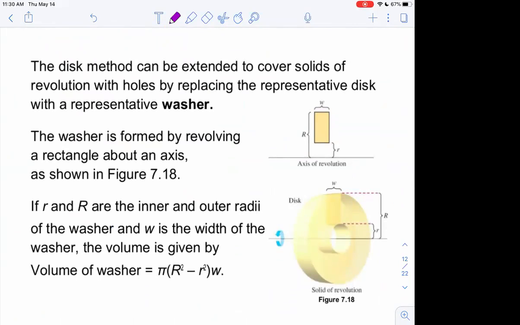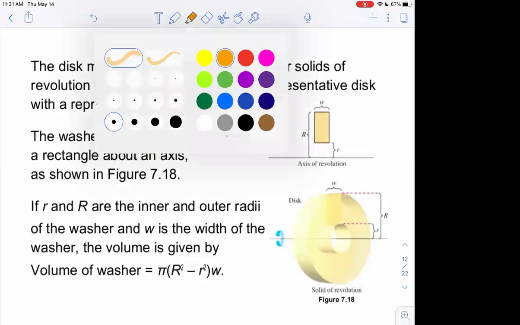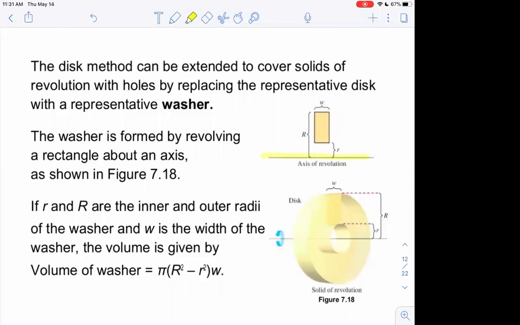So this disk method can be extended to cover solids of revolution with holes by replacing the representative disk with a representative washer. The washer is formed by revolving a rectangle about an axis. And so right here, we can see our axis of revolution, and there's a space between my washer and that axis of revolution.